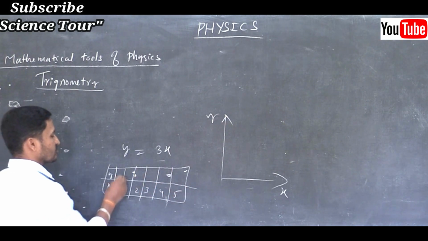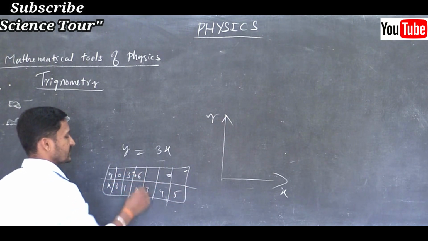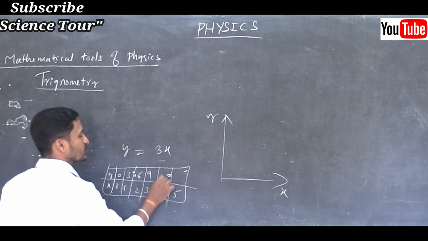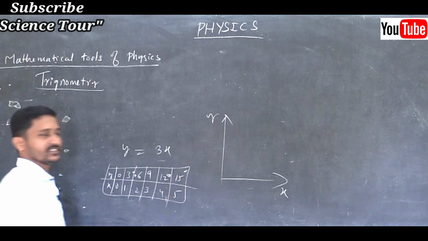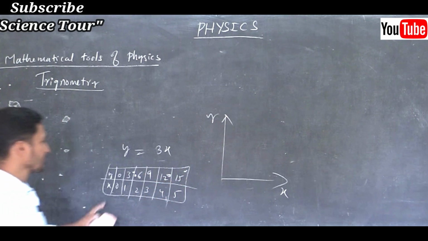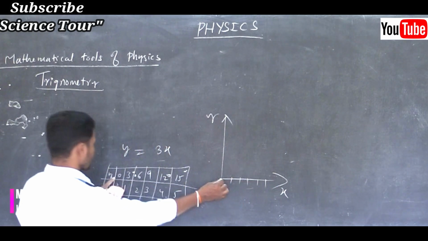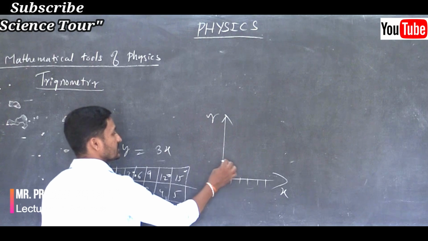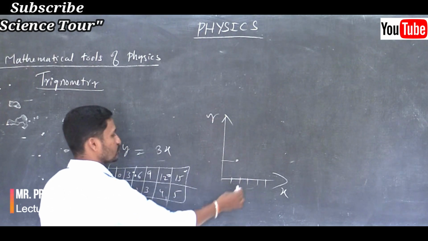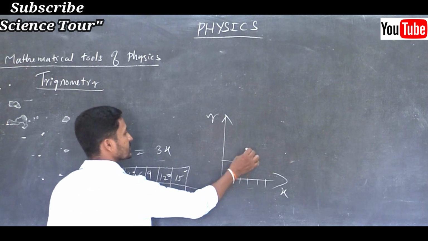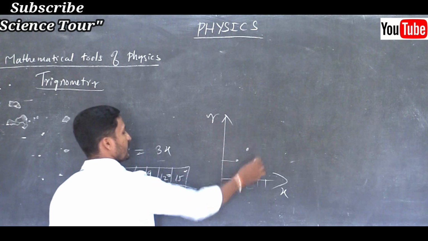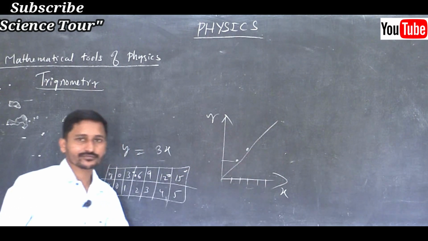It is 3x, so y is 0, 3, 6, 9, 12, 15, in this way. When x is 0, y is 0; when x is 1, y is 3; and when x is 2, y is 6. Like that we mark the points and we get a graph.